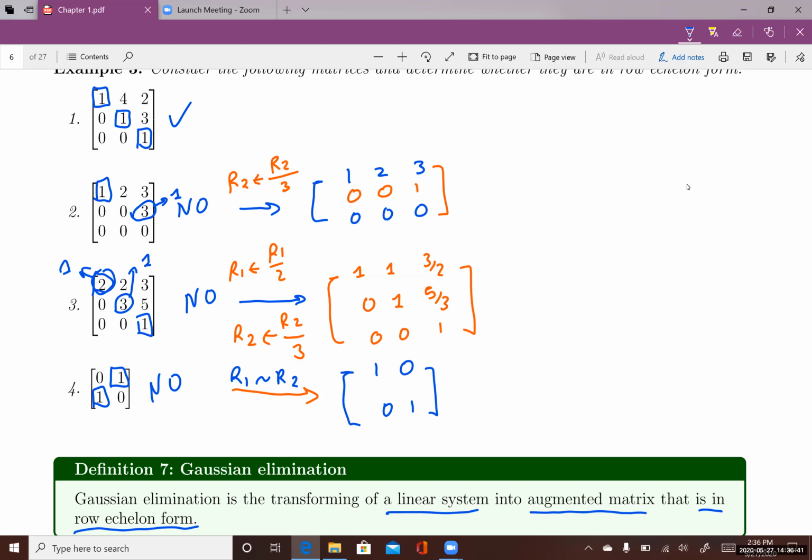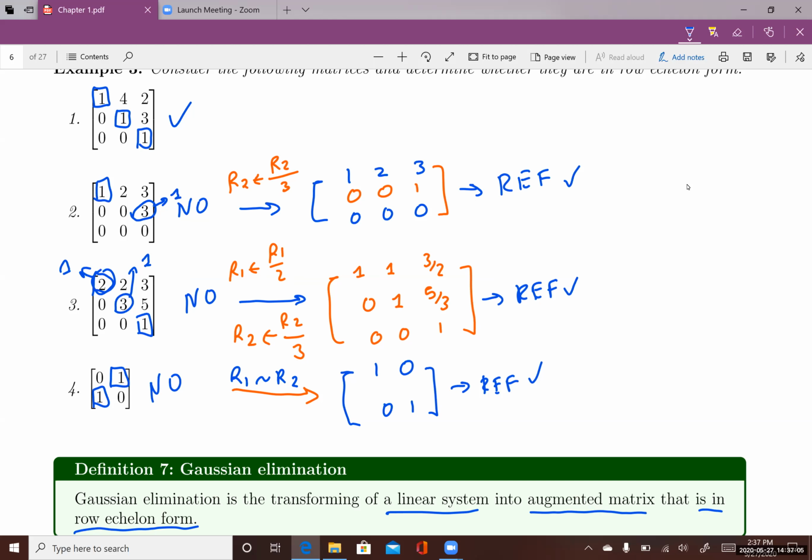Right? And at this point, the leading entries are 1 in each row, and the number of leading zero entries in the second row is more than in the first row. So this is in the row echelon form, yes, and this is also in the row echelon form.